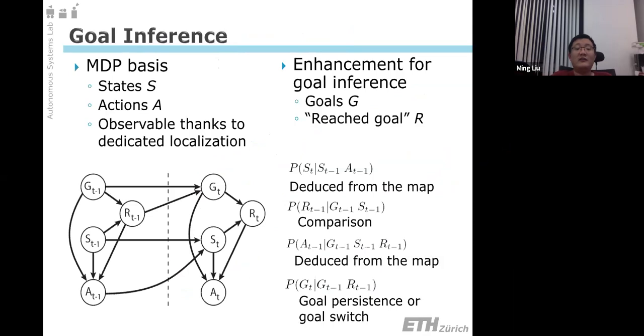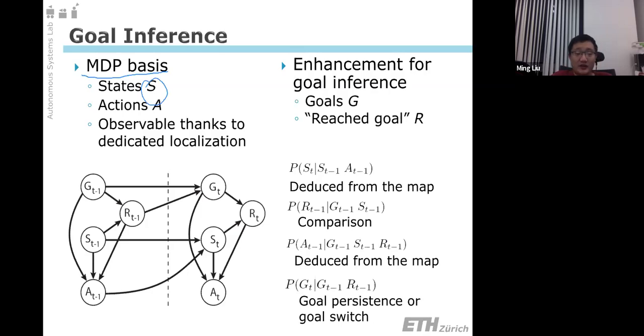Okay, then how can we model the problem? It looks like a Markov decision process. You have a state, and you have some actions.